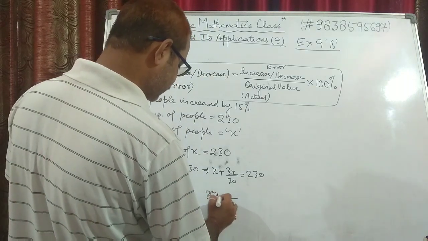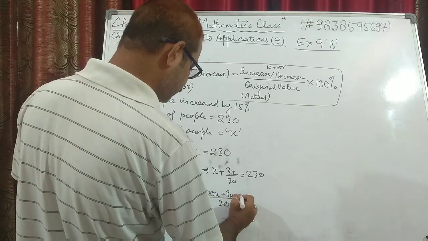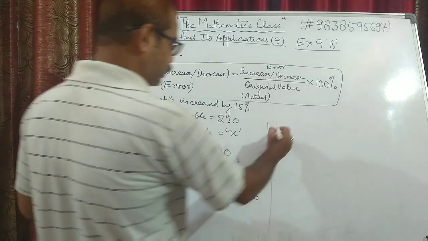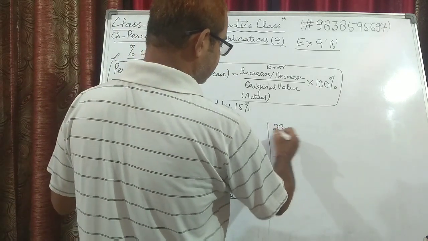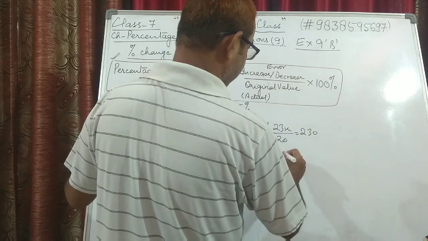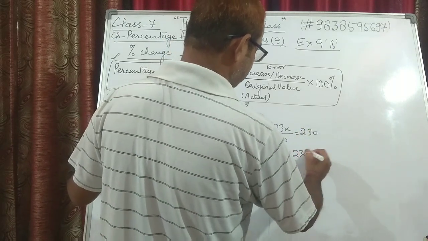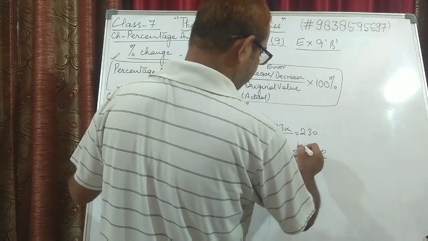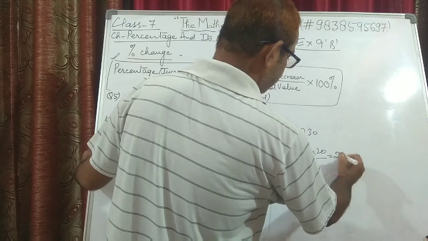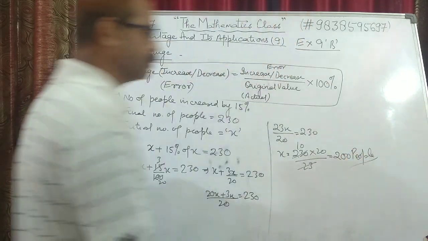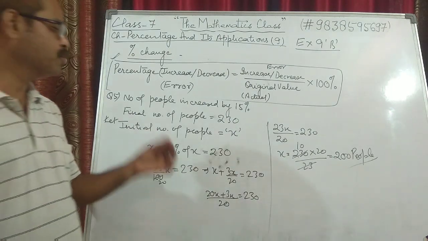So this is 20x plus 3x upon 20 is equal to 230. 20 plus 3 is 23x upon 20 is equal to 230. So x will be, by cross multiplication, 230 into 20 upon 23. 23 times 10 is 230, and 10 into 20 is 200. It means initially the number of people was 200.